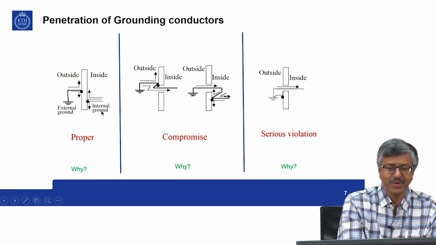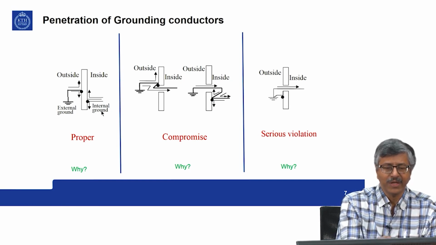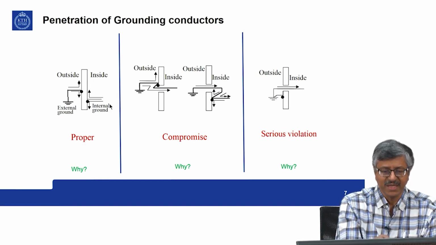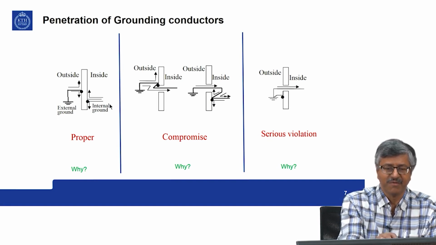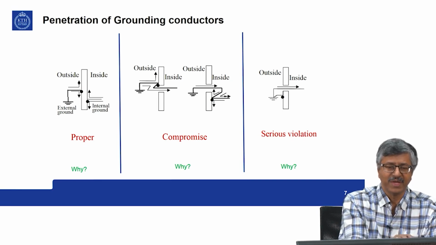In this way, all the noise coming from the internal part will be confined to the inside, and noise coming from outside is confined to the outside. So, you do not have any communication.